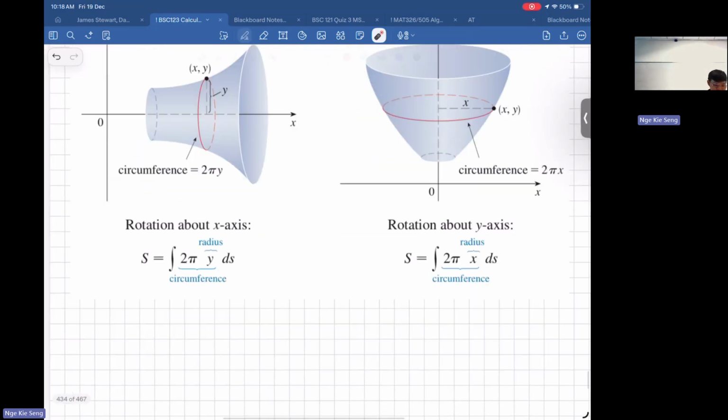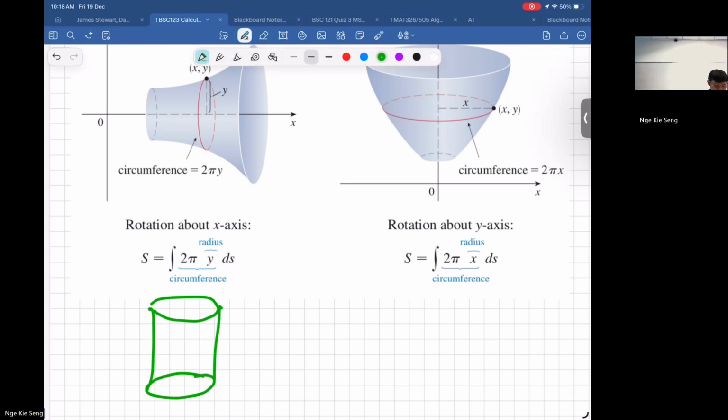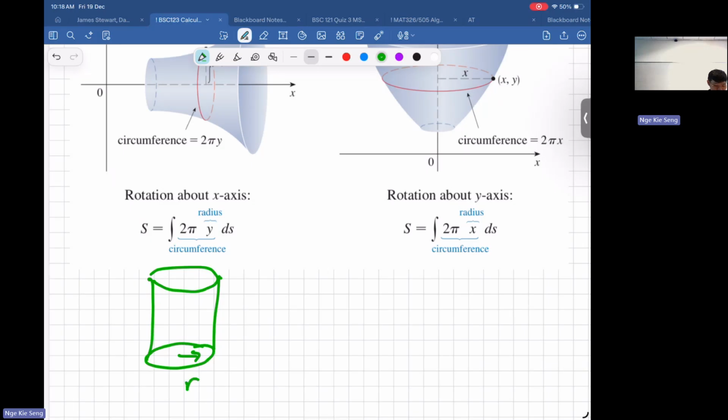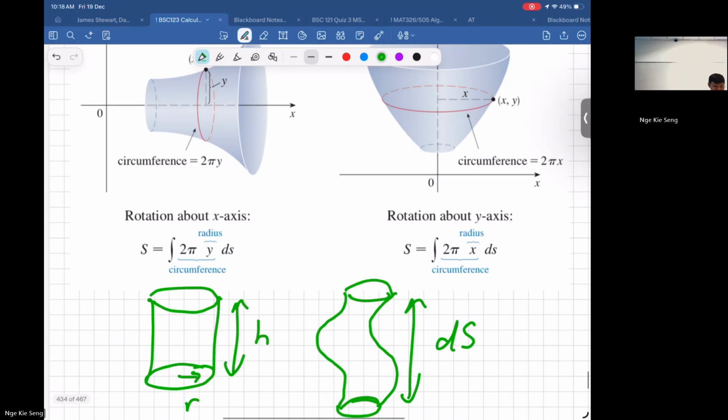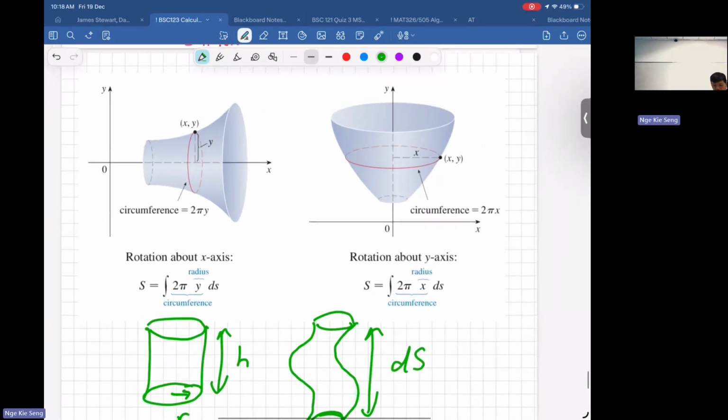It's actually the surface area of a cylinder. So this is the radius r, this is the height. But you can think of your cylinder as irregular, so that's why this height here gets squished and becomes dx. So how about rotating around the y-axis here? Where's your radius? Your radius is just x, and then multiply by your height, which is dx.